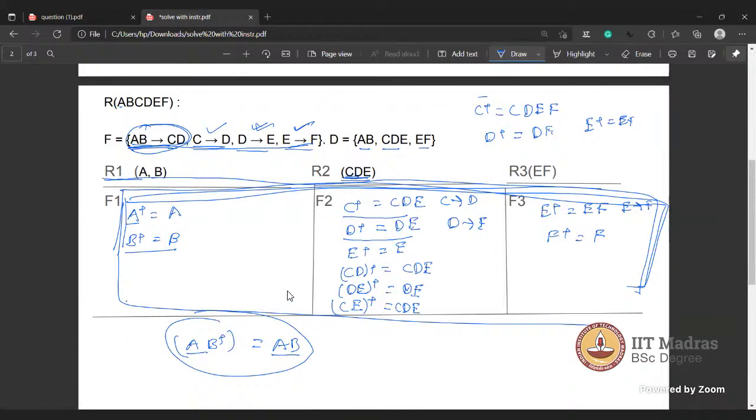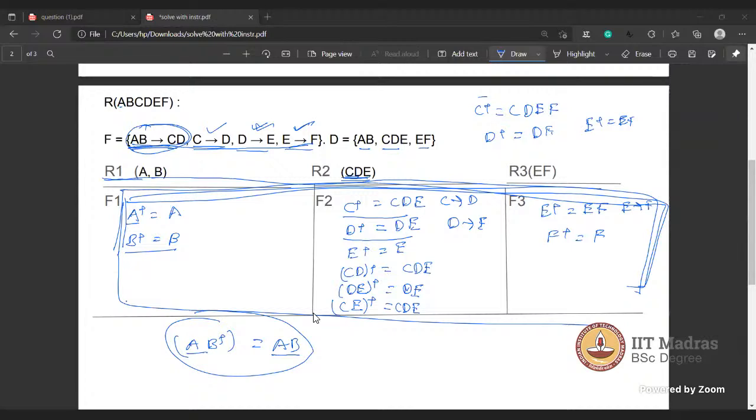Yes, sir. So actually, the concept of dependency preservation is: suppose we decompose one relation into R1, R2, and R3. Then the parent functional dependencies must be preserved in the three decomposed relations. So C determines D, D determines E, and E determines F are preserved in R1, R2, and R3. But AB determines CD we cannot derive with the help of F1, F2, and F3.